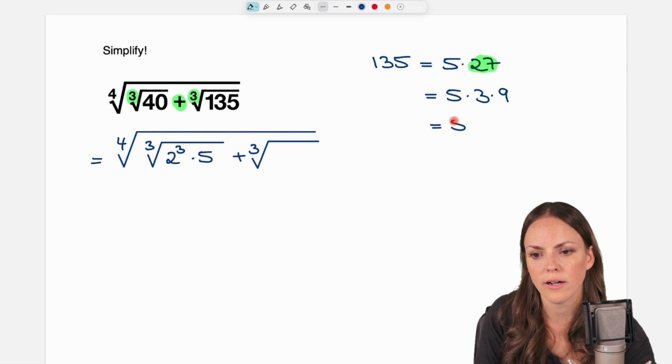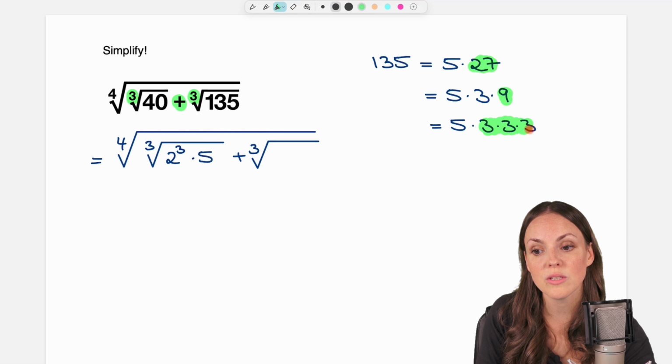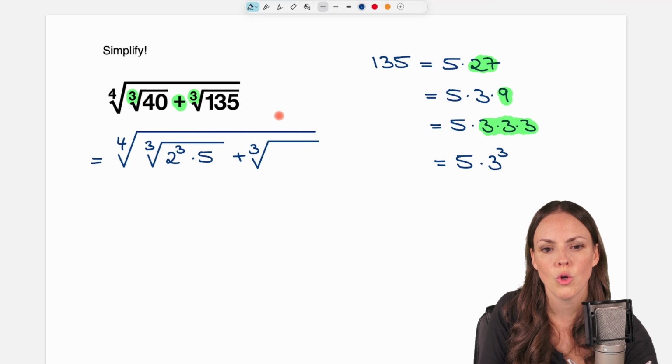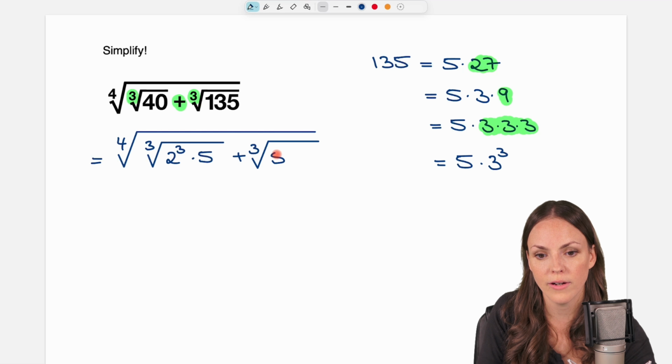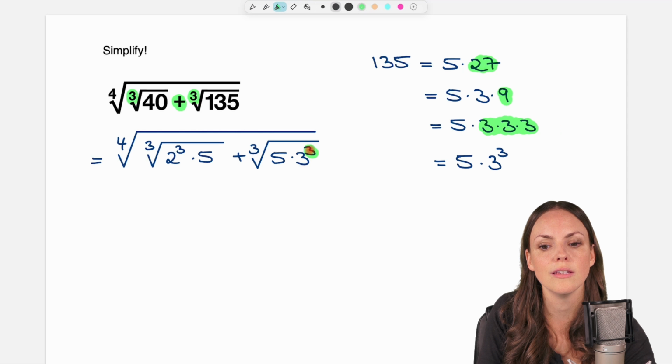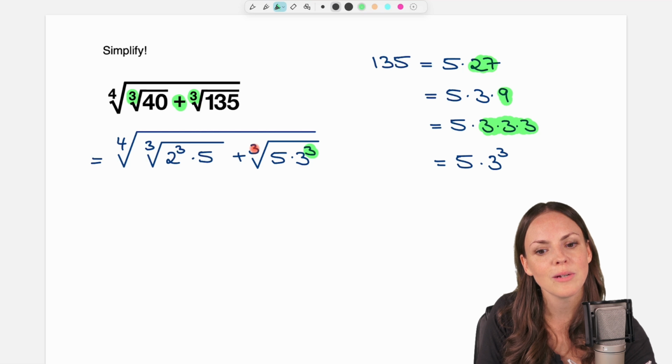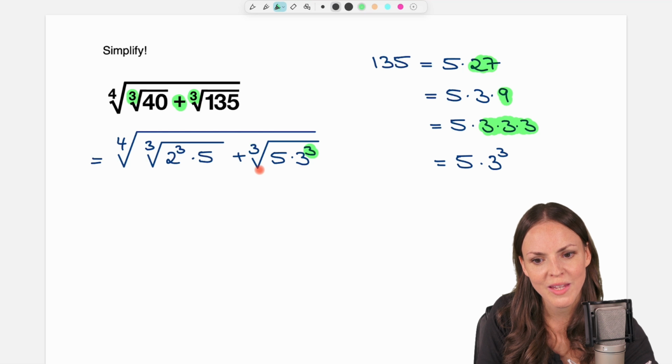So we have 5, we have the 3, and then we can write the 9 as 3 times 3. And look what we have here. 3 times a 3, which means again that we can write this as a power as 3 to the power of 3. So instead of the 135, we write a 5 times 3 to the power of 3, where we have this to the power of 3 here again, and which is good for the cube root.